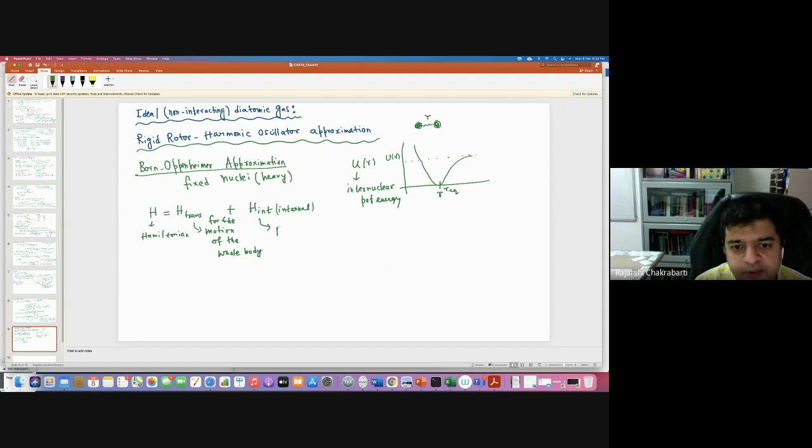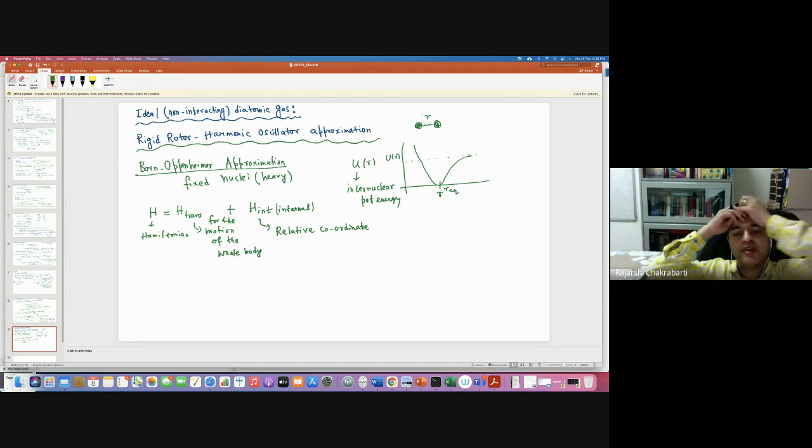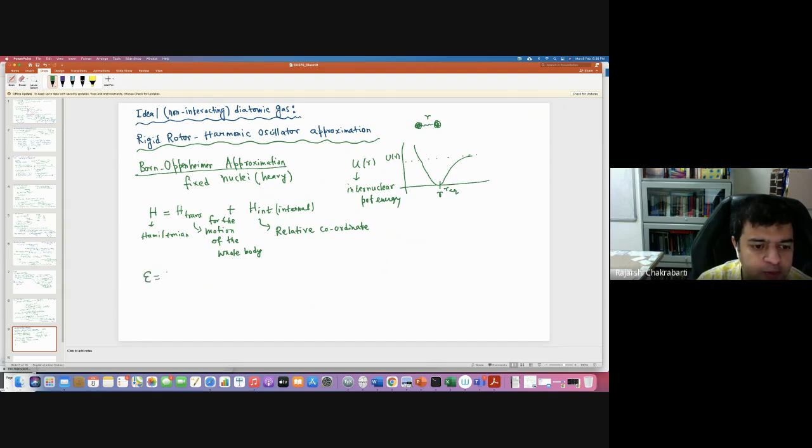This is for the relative coordinate. The coordinate is r, the internuclear distance, isn't it? So if you can write your Hamiltonian as a sum of translational and internal, relative coordinate Hamiltonian, then your energy is also going to be the sum of translational energy, if you solve the Schrodinger equation, plus this internal energy, isn't it?